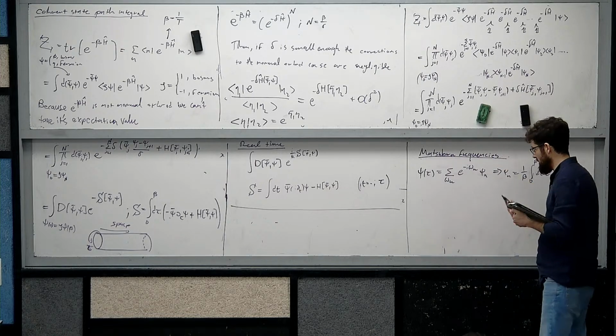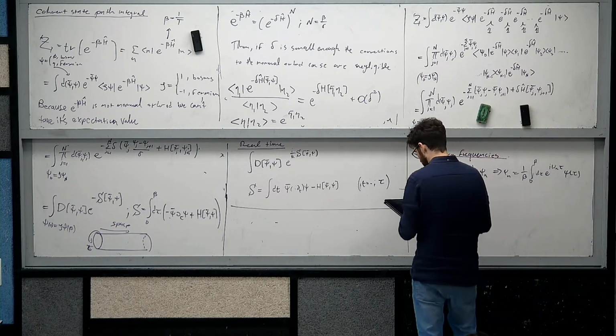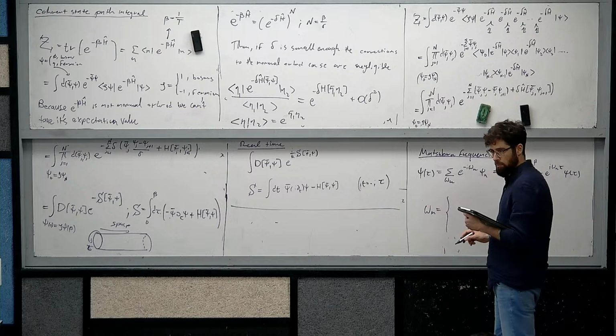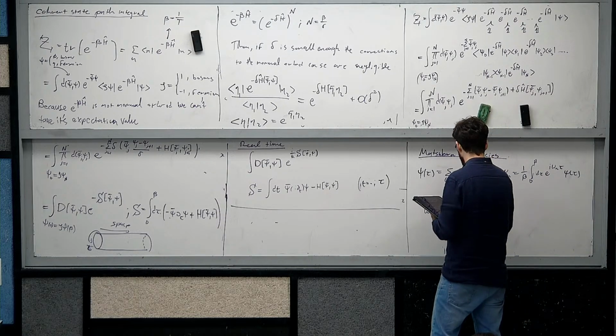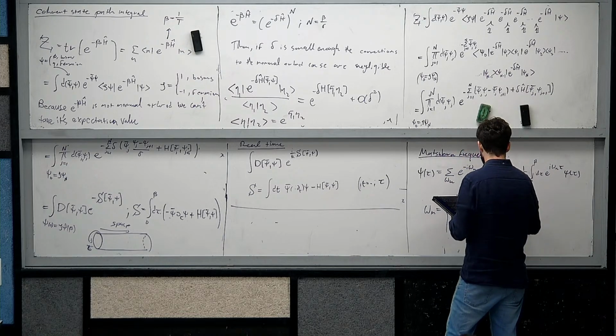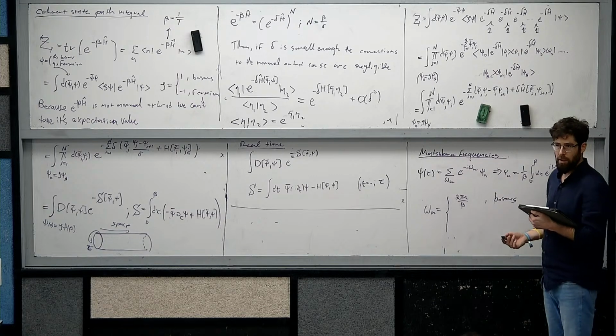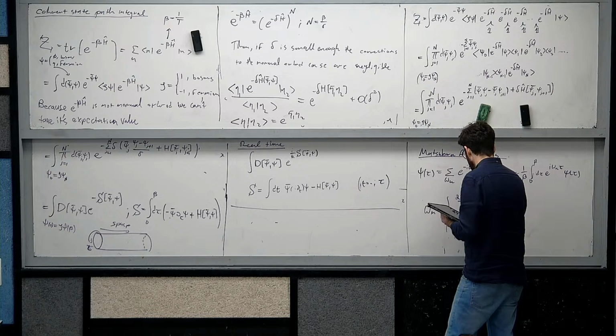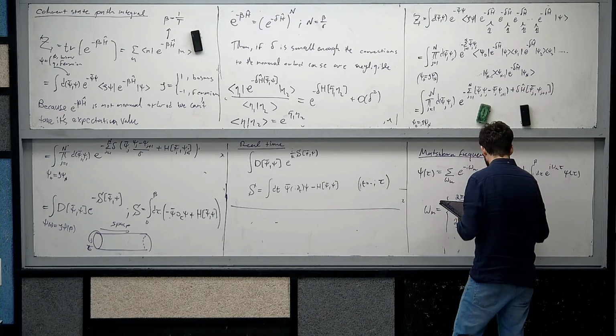Now, these are states on a cylinder. So, for bosons, we know what this omega n needs to be, right? It's just 2 pi n over beta, in the case of bosons, and then it's periodic. But if we have an anti-periodic condition, then we need to write 2 pi (n plus 1/2) over beta for fermions.